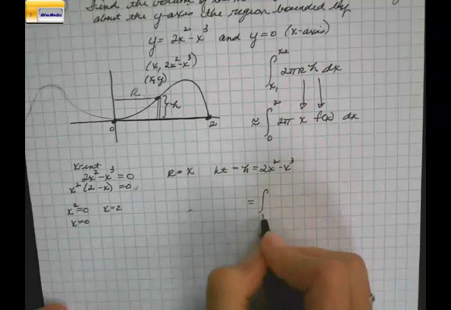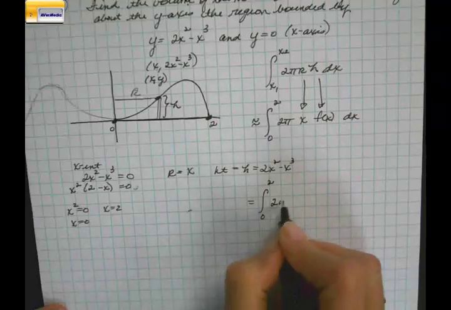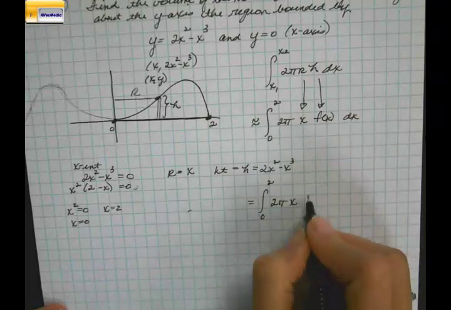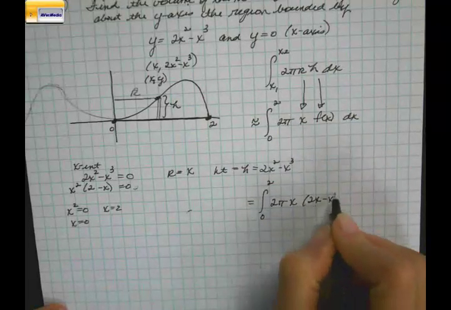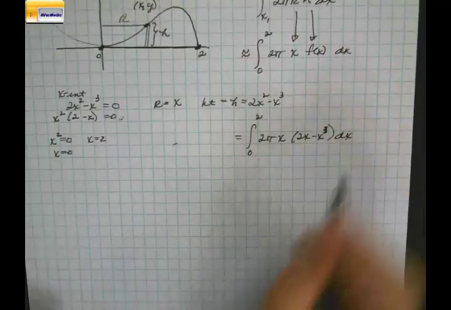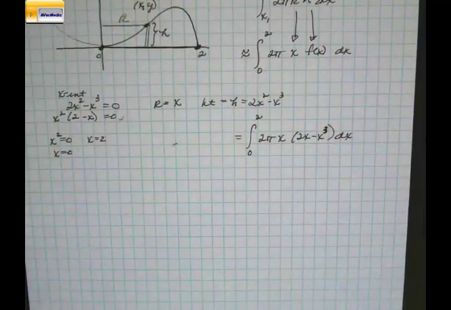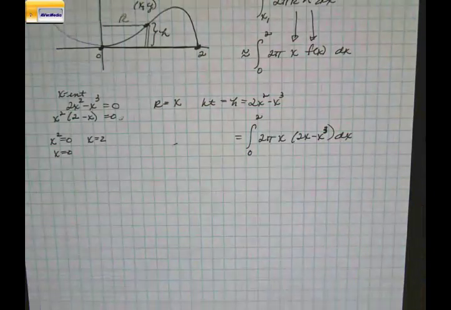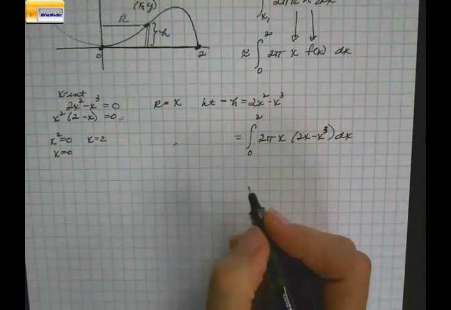So now my integration becomes the integral from 0 to 2 of 2 pi x times f of x, which is 2x squared minus x cubed, dx. And now you're ready to just do the algebra and the mechanics of integration to come up with the volume of that solid created by rotating that curve around the y-axis.